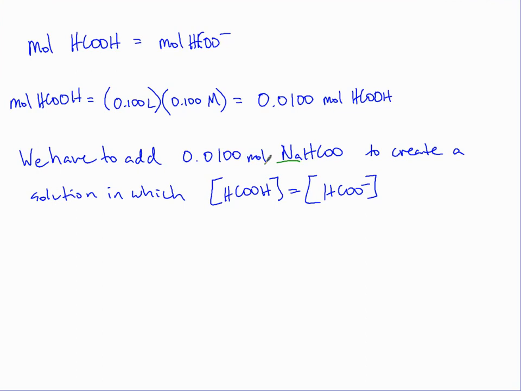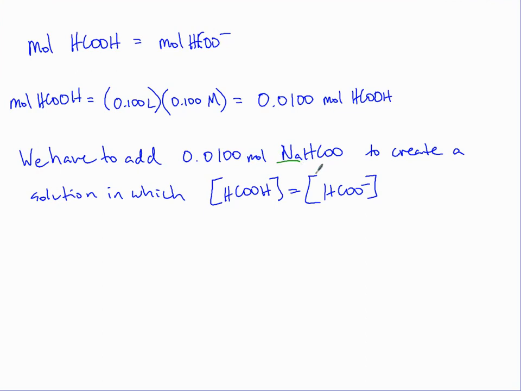We really don't care about it. We only care about that anion that it gives us, that conjugate base. The nice thing about sodium is that 100% of it dissociates, so we don't have to worry about it at all. It's just there because the charges have to be balanced, and that's it.